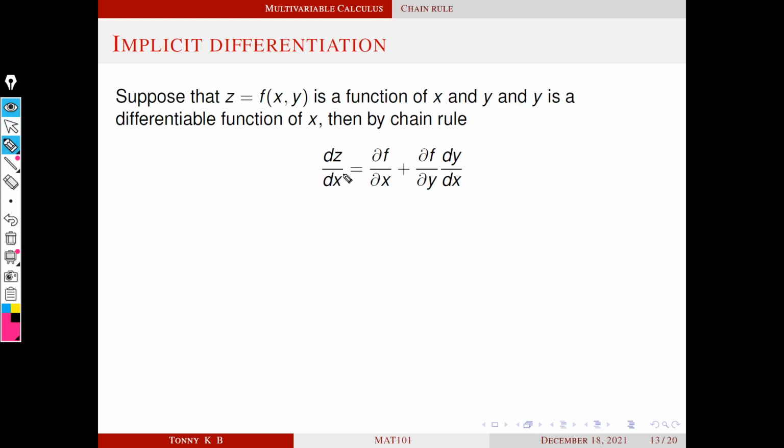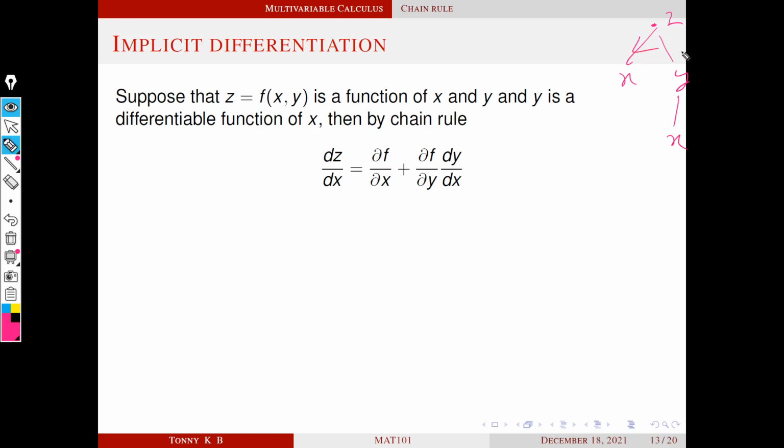Okay, next we are going to discuss implicit differentiation in the chain rule. So before that, we consider this example. Here z depends on two variables x and y. Then we know how to differentiate this expression, right? Because again, y is a differentiable function of x. That means y depends on x. So ultimately, z is a function of x, so we can differentiate z with respect to x. How?